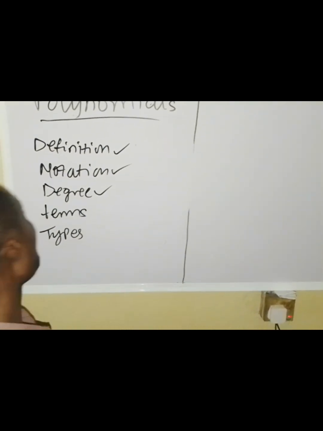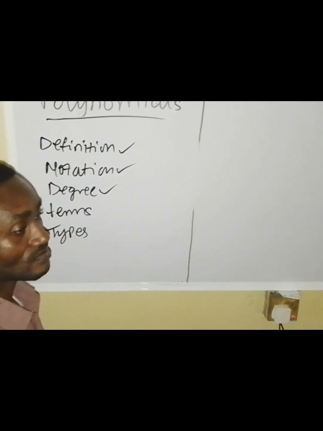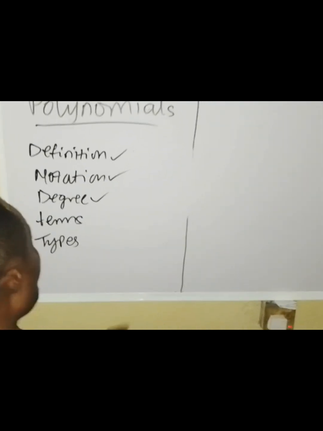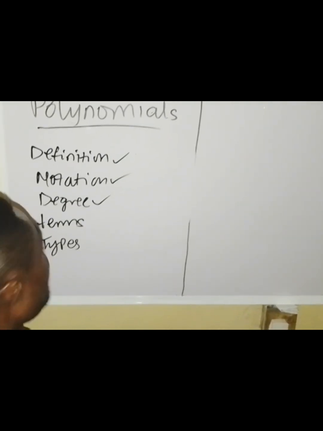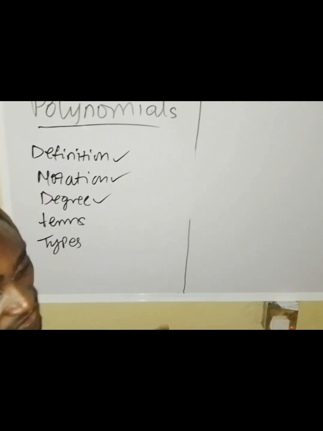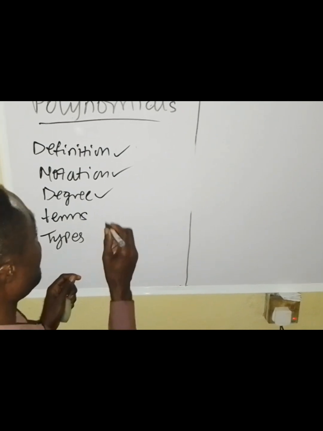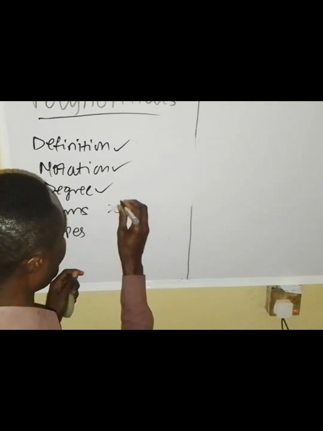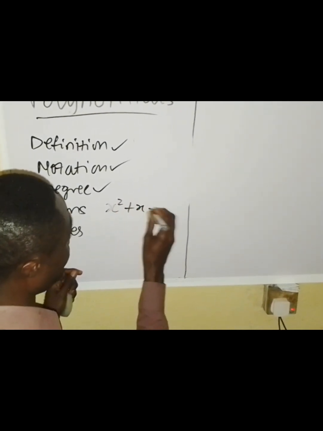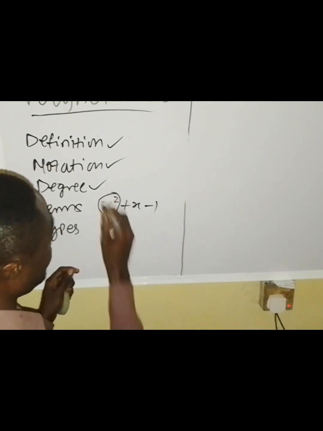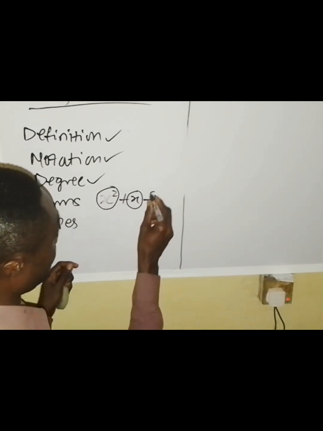Now, talking about terms. Terms has to do with that part of a polynomial expression that is linked with arithmetic operations. For instance, if you have x squared plus x minus 1, how many terms do we have? 1, we have 2, and we have 3.